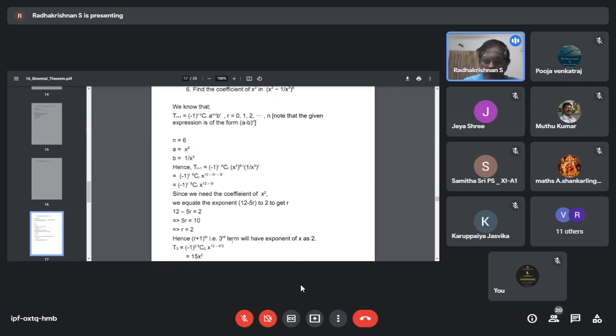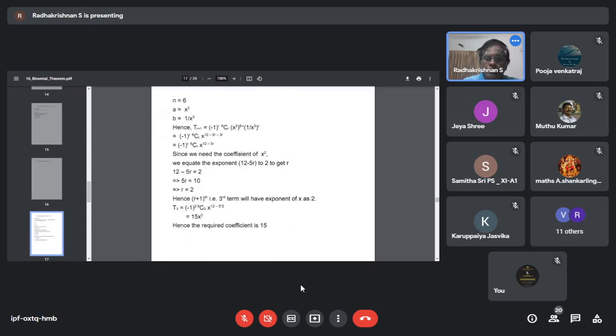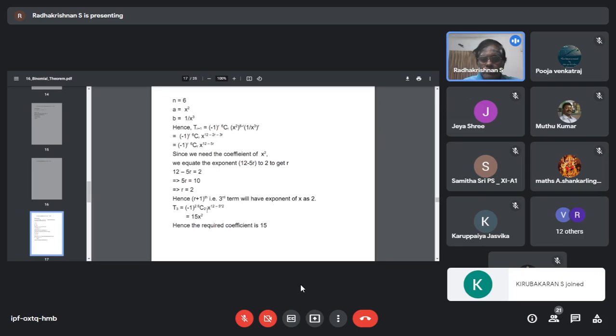Therefore the third term will have the exponent of x as 2. Third term will be the x square term. So for the third term you put in minus 1 whole square. Sign is important. When R is odd it will become minus, and when even it's plus. So minus 1 the whole square into 6C2, which is 15.